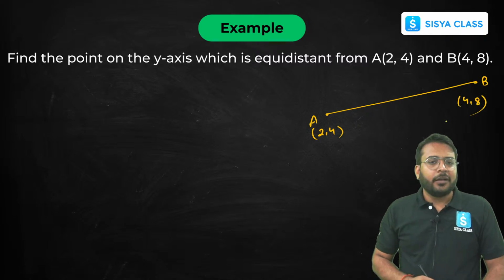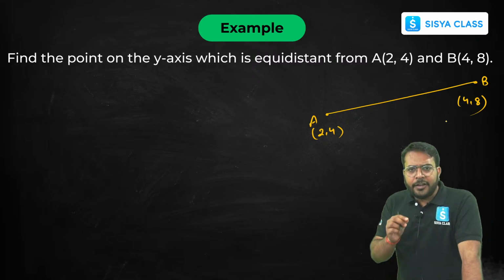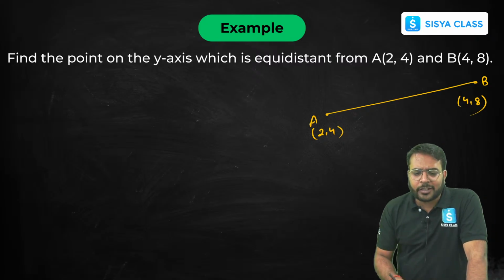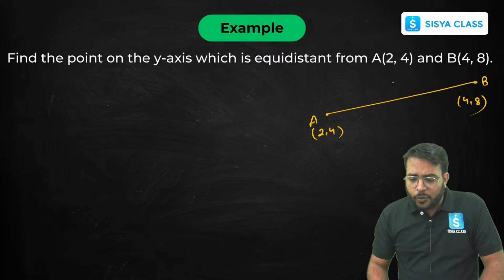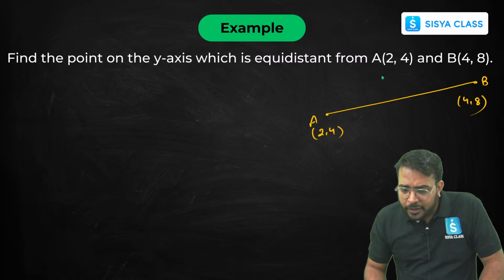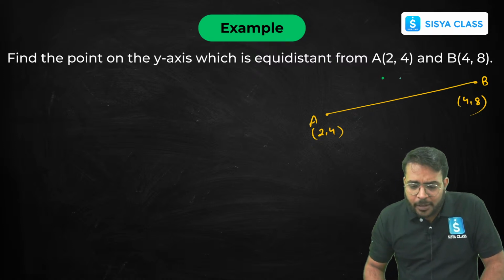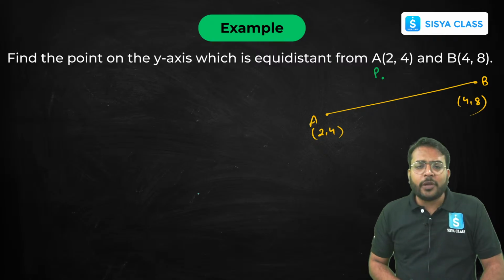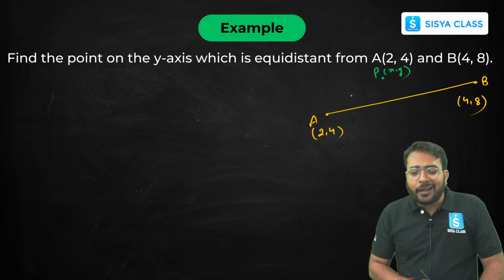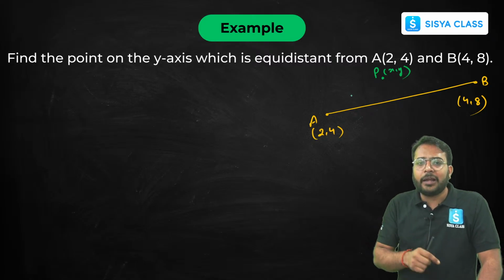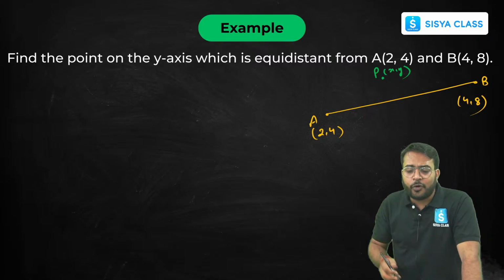Now I need to find a point on the y axis. Suppose this is my point P, with coordinates x, y. I am saying that this point P is equidistant from both points.